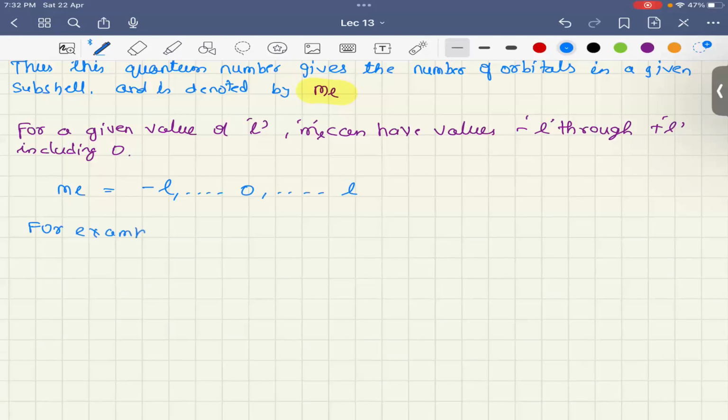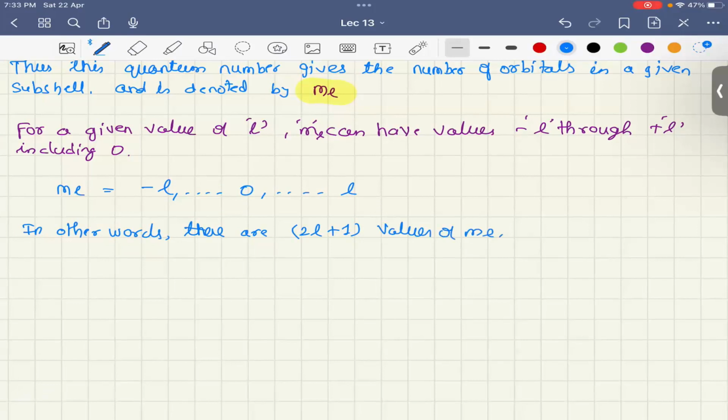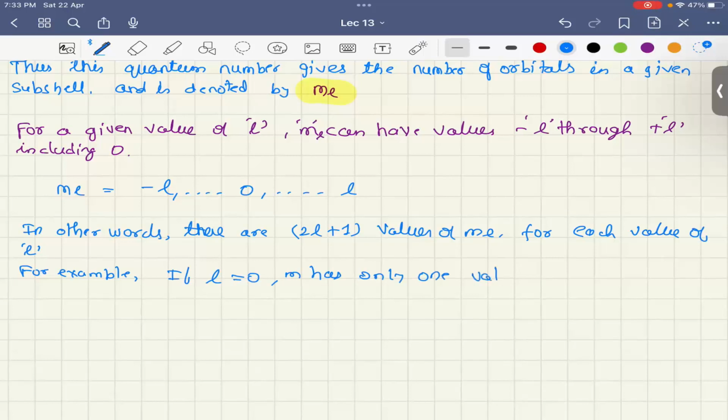In other words, there are 2L plus 1 values of m_l for each value of L. For example, if L equal to 0, m has only one value, that is m_l is equal to 0.